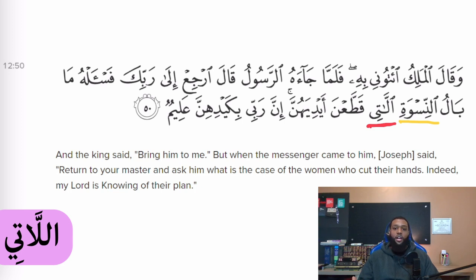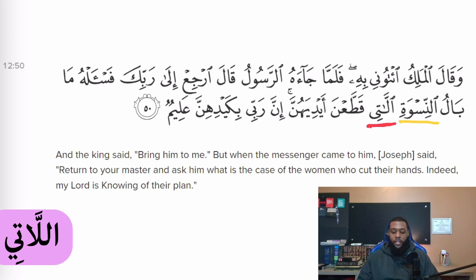But we know this is talking about a group of women, and so allati is used here, right, as opposed to alladhina. So allati is conforming to the state of an-niswa, right? So though it doesn't show, it's in the state of jar. We know that it's feminine as well, and it's referring to a group, right? 3 or more.